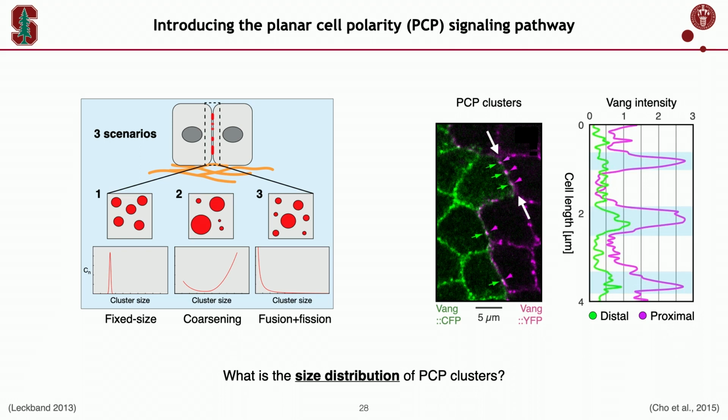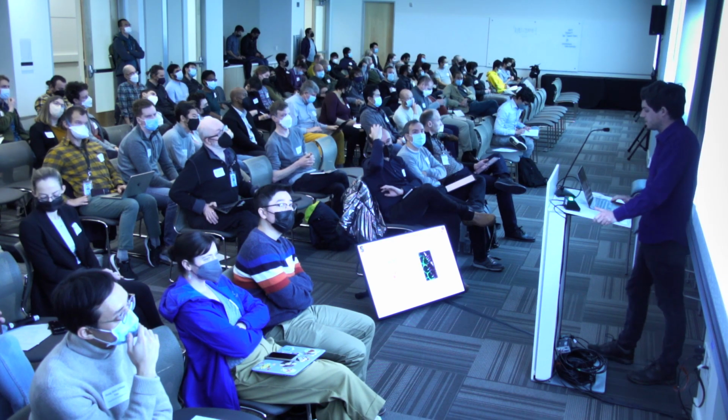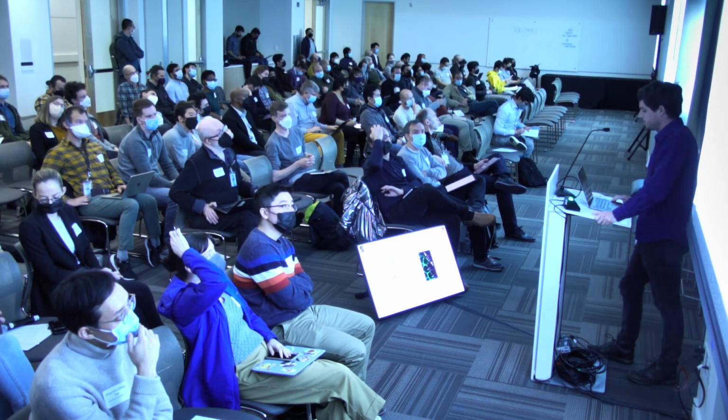This is coarsening. A third option could be that clusters not only fuse, they also split apart, there's fission going on. And in that case, if that's the case for PCP, we will find a power law distribution of clusters. But which one of these is the case? We didn't know when we started the experiment.